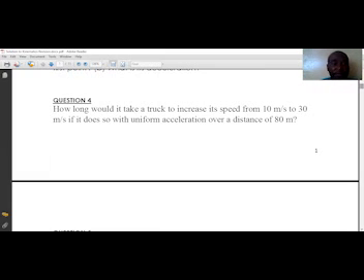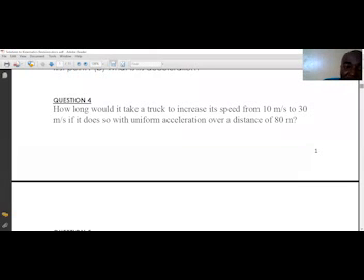Number 4: how long would it take a truck to increase its speed from 10 meters per second to 30 meters per second if it does so with uniform acceleration over a distance of 80 meters?